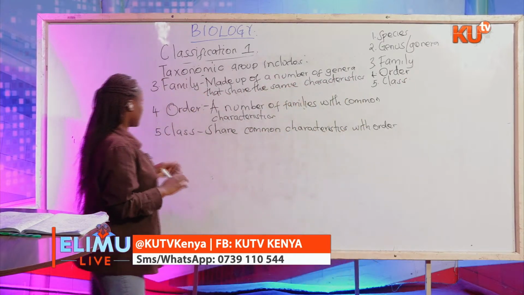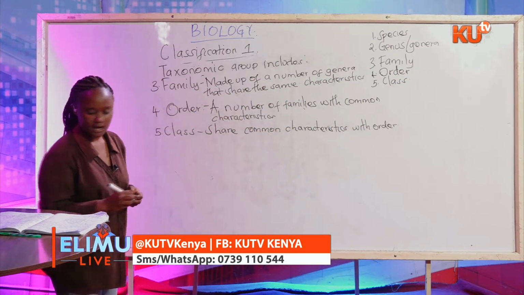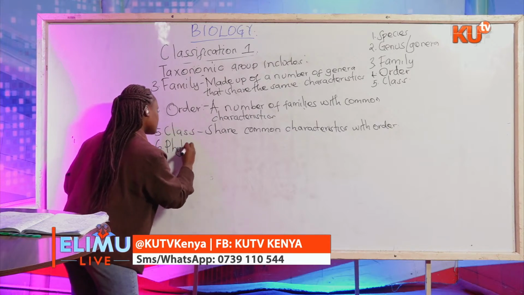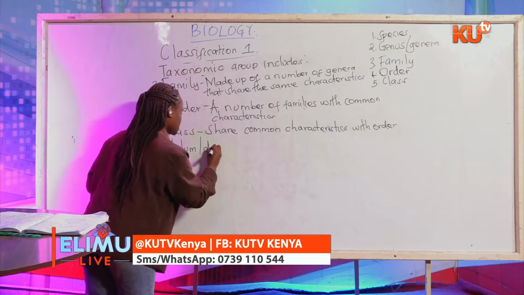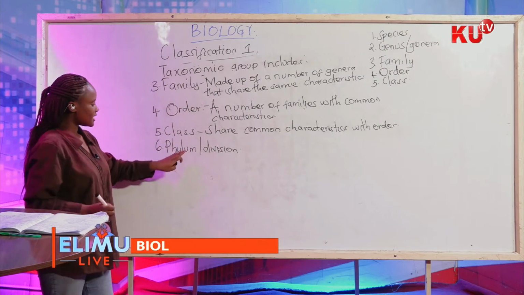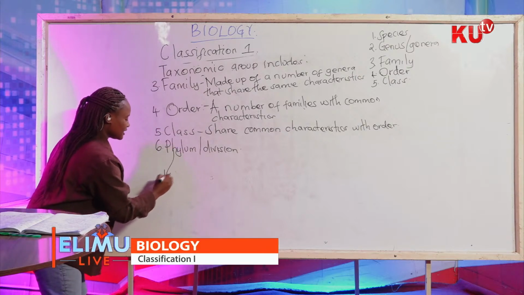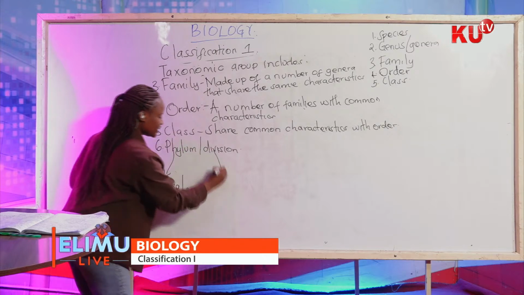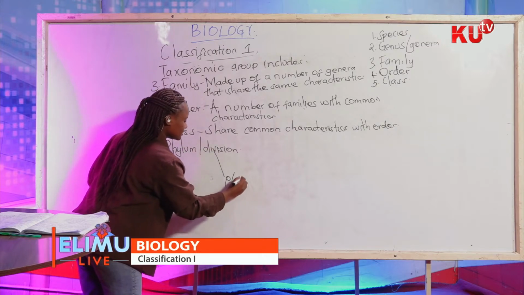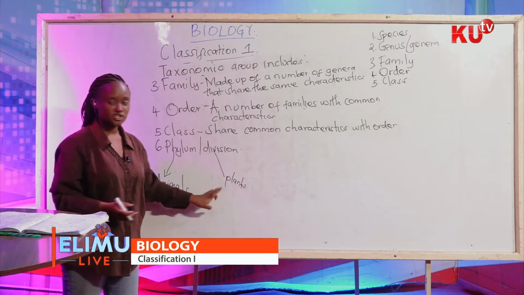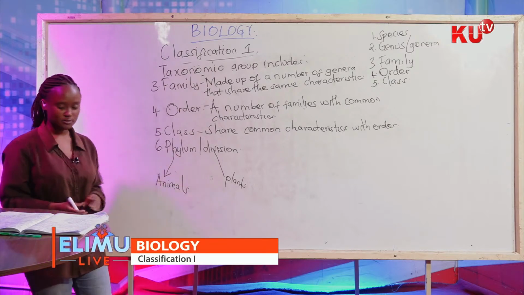And then the sixth one, we have phylum or division. Phylum is for animals and division is for plants. So this is the difference between the two.